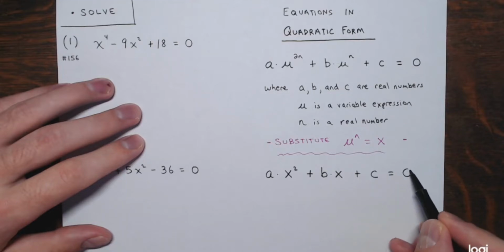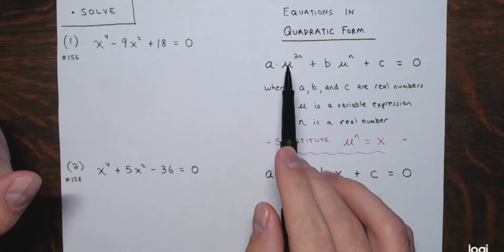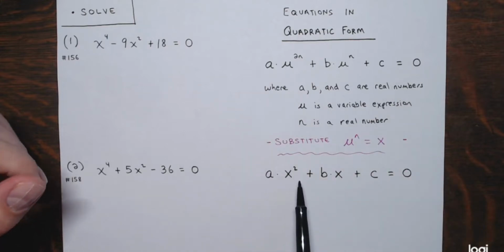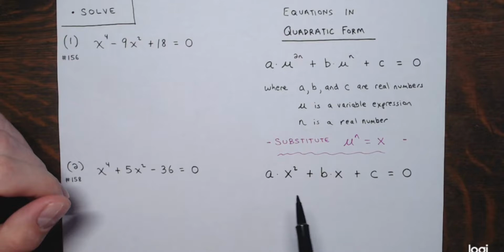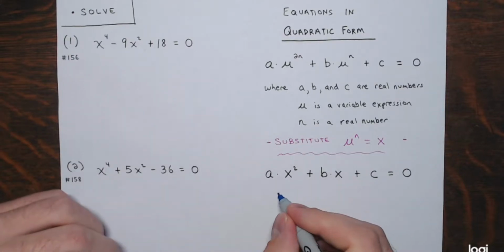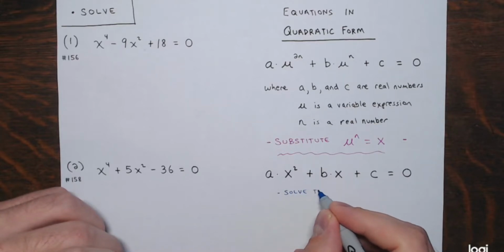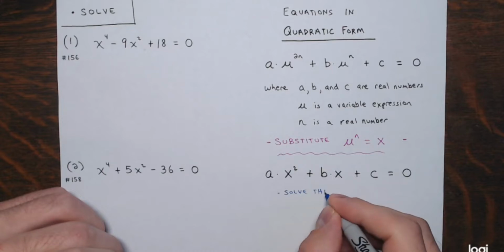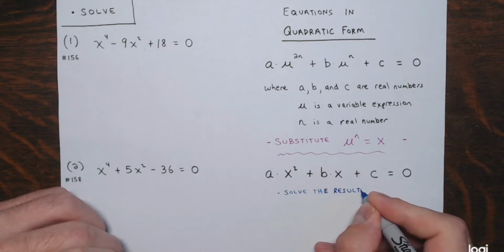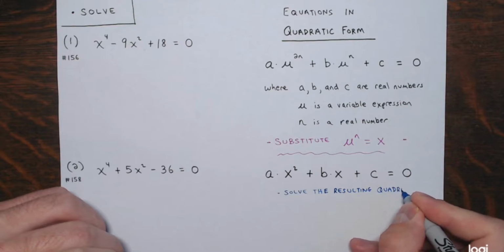If you make such a substitution, it transforms the equation in quadratic form into an actual quadratic equation. Then you solve the resulting quadratic equation, which you should know how to do by now.